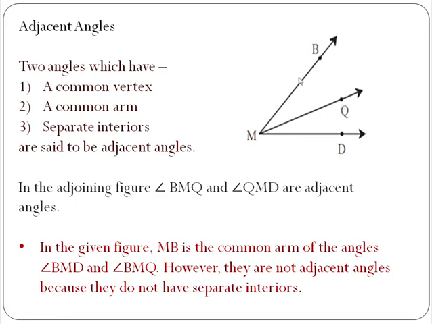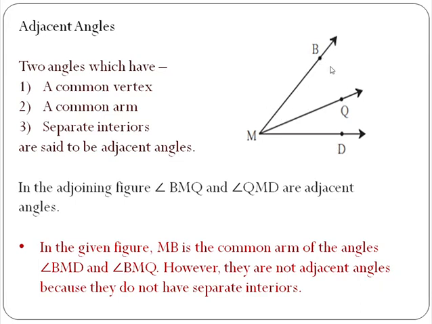Ray MB is the common arm of angle BMD and angle BMQ. So are angles BMD and BMQ adjacent? No. The reason is, even though they have common vertex and common arm, their interiors are not separate.